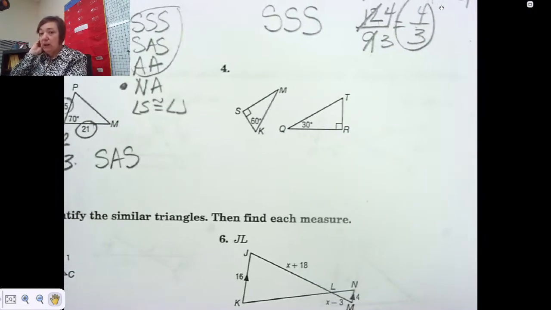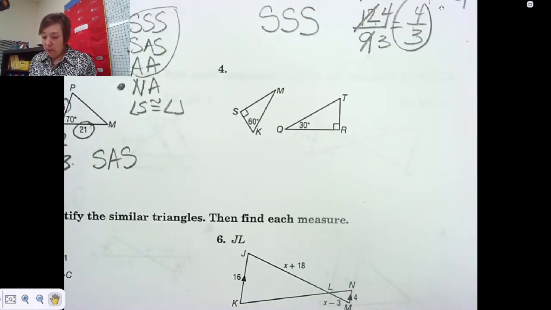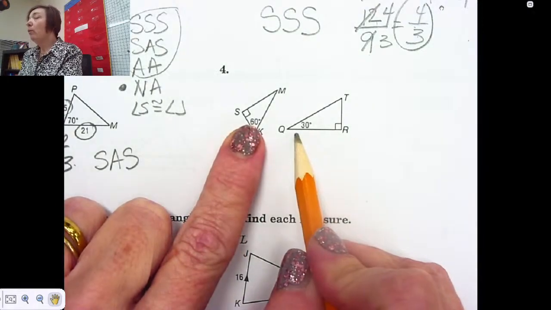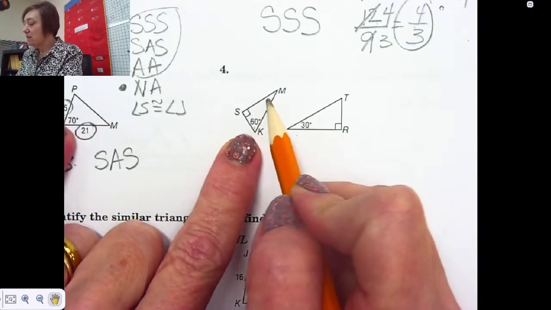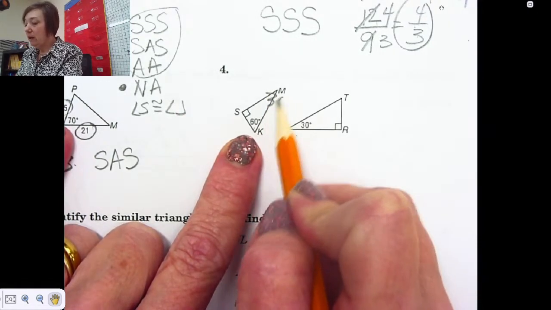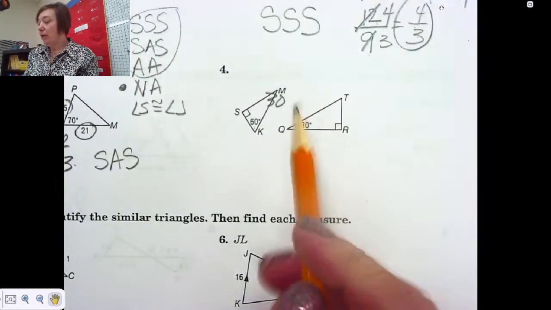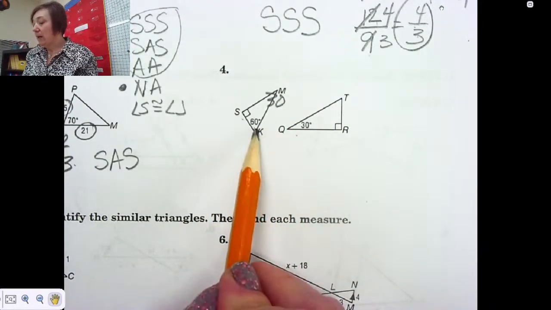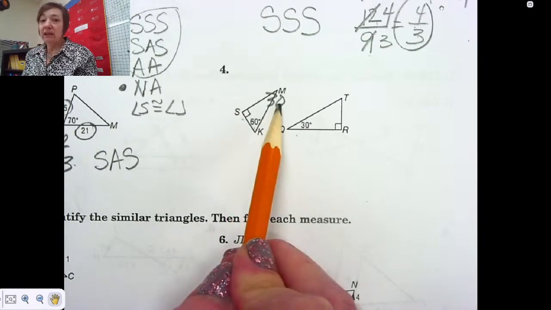Okay. Look at number 4. What information did they give you? They gave you 2 angles. So, we're going to be using angle, angle. And I know some of you right now are saying, oh, they're not similar because that one's 60 and that one's 30. But if this one's 60, what's that one? It has to be 30, because 180 minus 90 leaves 90, and 90 minus 60 is 30.